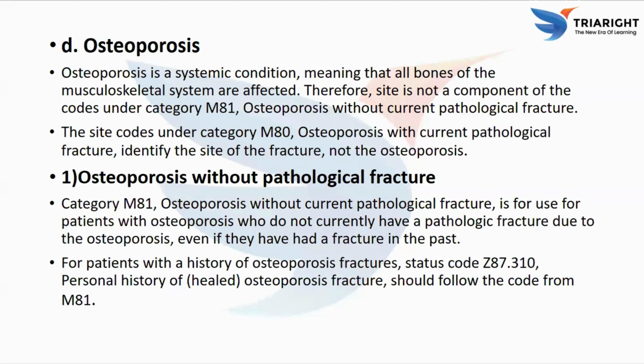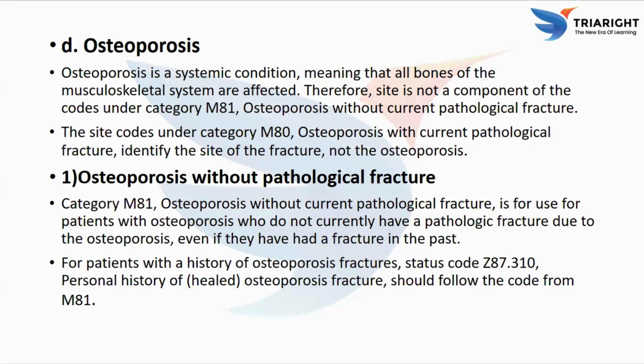So for M81, what is M81? It's osteoporosis without current pathological fracture. So here the site doesn't matter. But for M80, the site refers to the fracture location, not the disease. So this is the difference between how you code the site of the current pathological fracture.